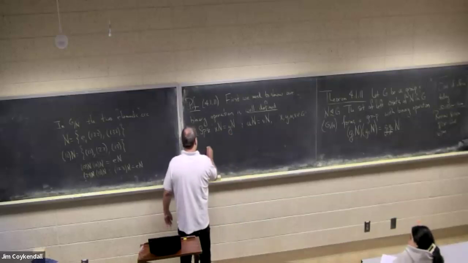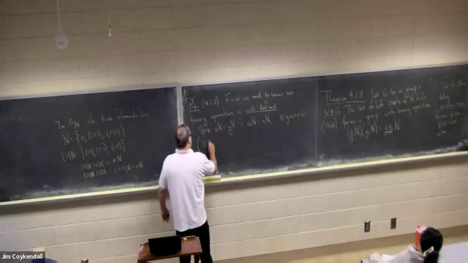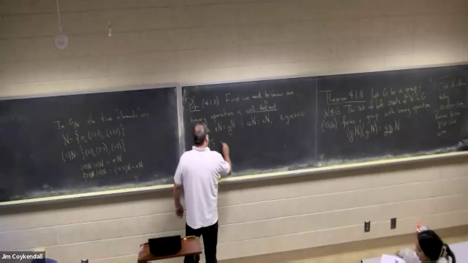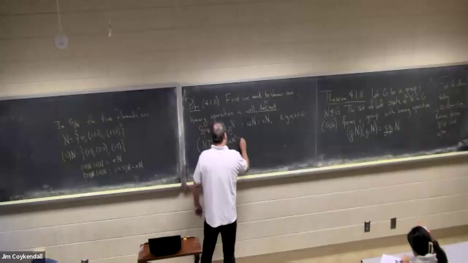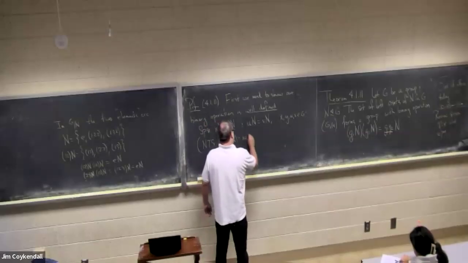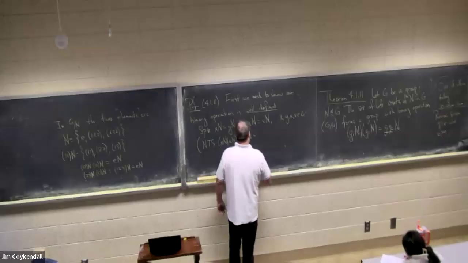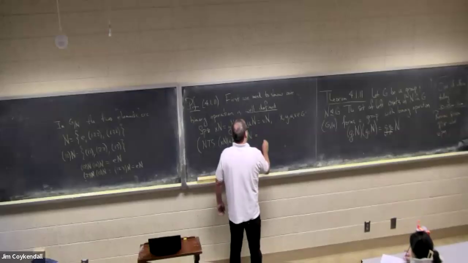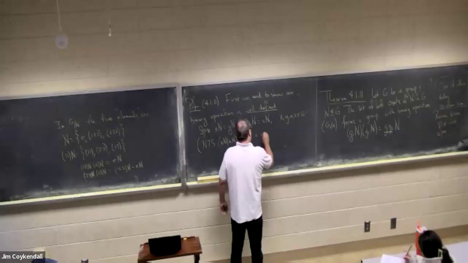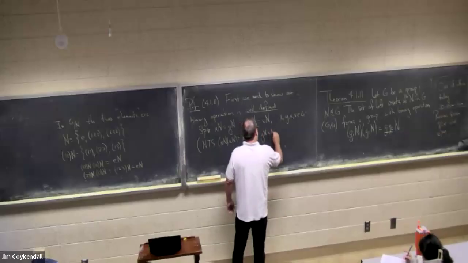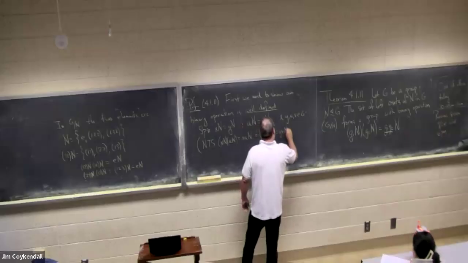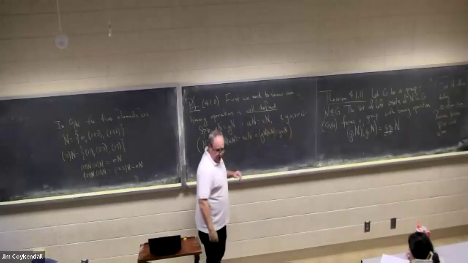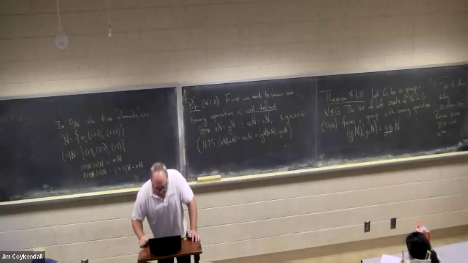We need to show XN UN is equal to YN VN. This is what we need to show, right?